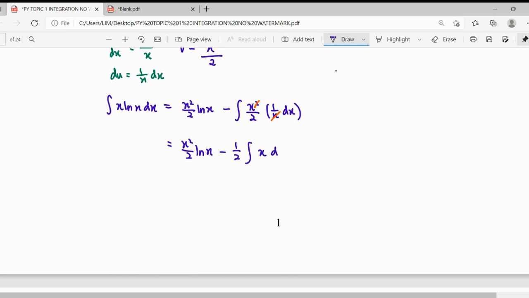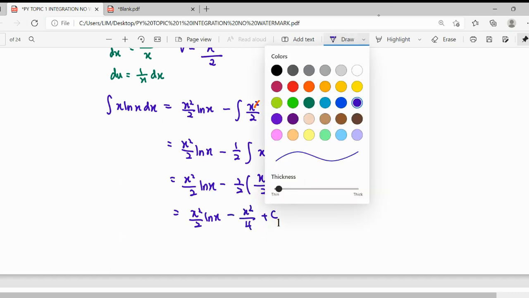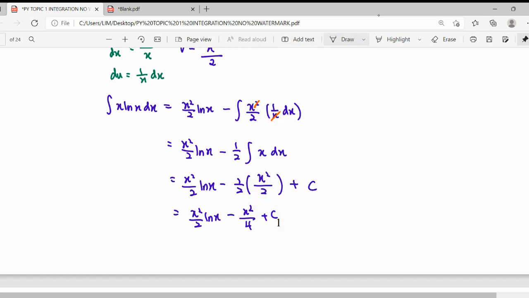So now we only integrate x dx, with 1 over 2 outside. For integrating x, power plus 1 over the new power. Lastly, only then we plus c. So I rewrite the answer, because 2 times 2 here we can simplify, becoming 4. So this is how we solve integration by parts.